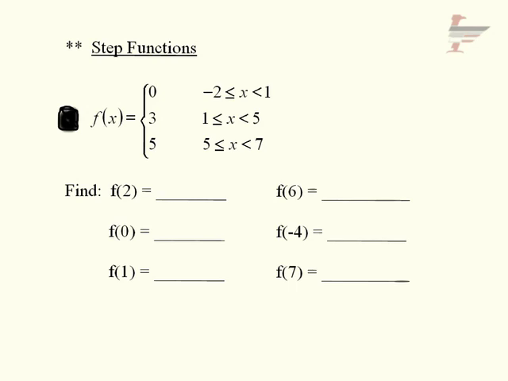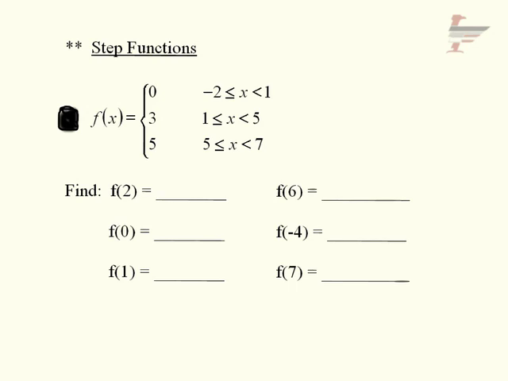But I want you to see that f of x is equal to 0 when x is between -2 and 1. F of x, or y, is equal to 3 when x is between 1 and 5, and f of x, or y, is equal to 5 when x is between 5 and 7.